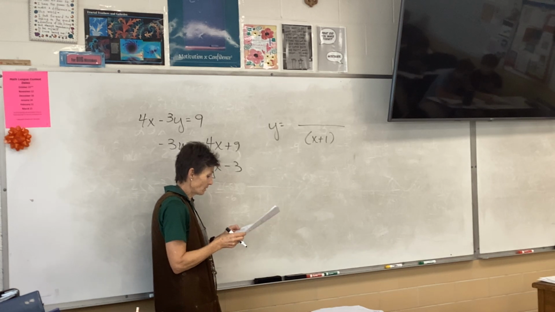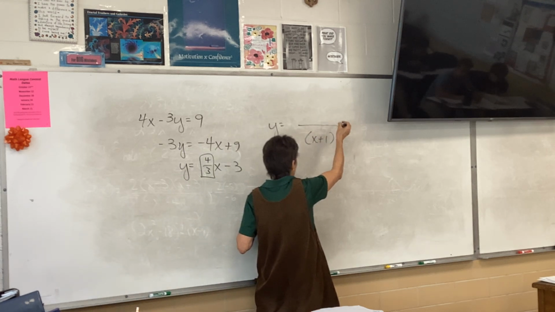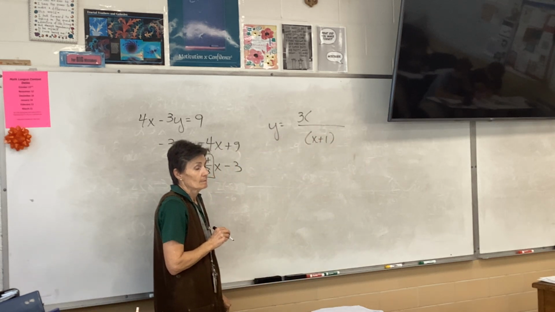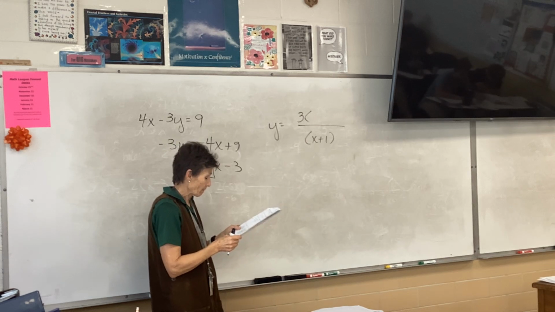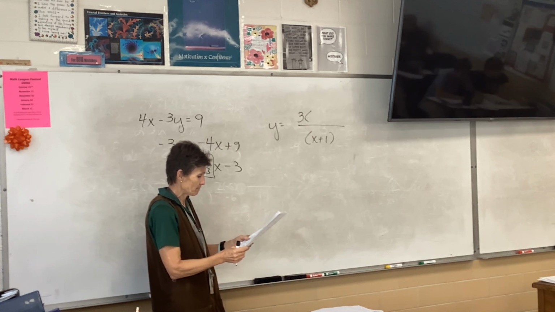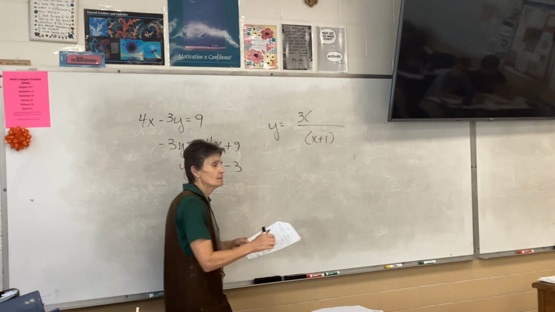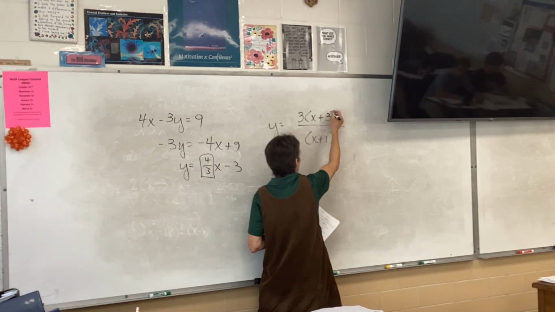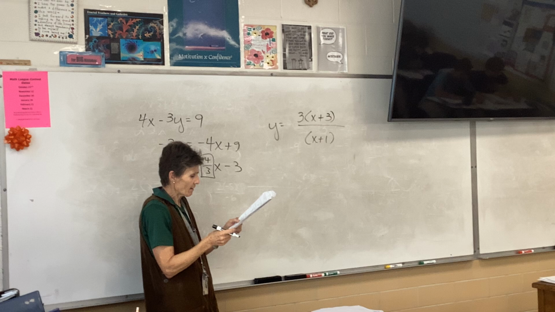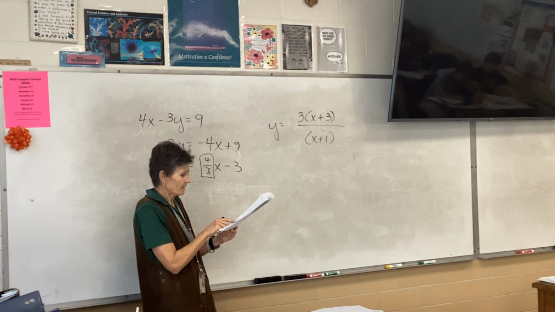I have a horizontal asymptote at 3, which means, first of all, however many parentheses I have up here, I'm going to have down here, but there's going to have to be an extra 3 up there to make that come out to be 3. It looks like I have an x-intercept at -3. So I have to have an x plus 3 on the top. Are you with me there? And then it looks like I have to have a hole where? Where is that? I've got to count over.